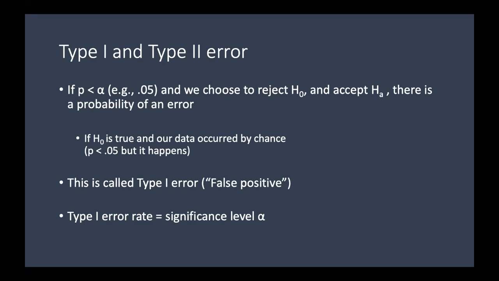This is called a type 1 error, which is a false positive. And this is completely determined a priori by our significance level alpha. So we set the level of type 1 error when we determine alpha.